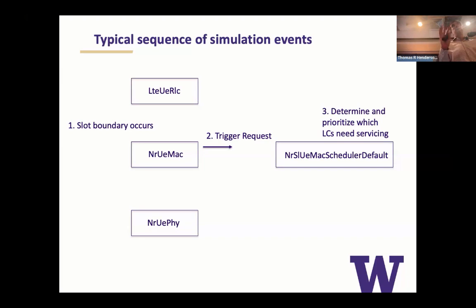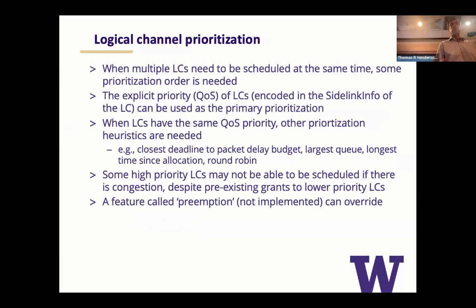Given that there may be resource constraints, there needs to be a prioritization mechanism implemented. And so that's the next step, figuring out among the logical channels that need to be scheduled, which are the ones that I should prioritize. This is code that Samantha recently implemented, and I think she can clarify if there's anything she wants me to add here.